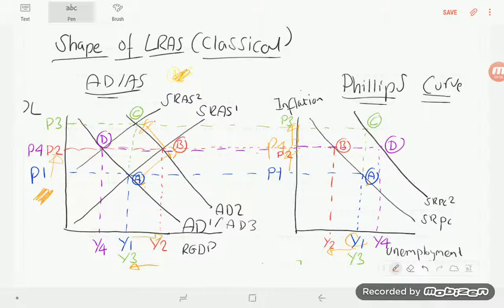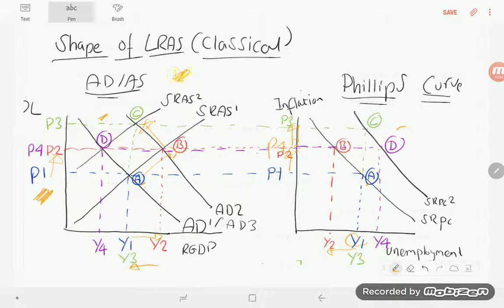So the price has gone down from C to D, and because the price has gone down, we can see that GDP has fallen also at the same time. Because GDP has fallen, employment has fallen, and therefore unemployment must have gone up. So price down, unemployment up, this purple part. So it's the mirror image of what you're seeing on the other side of the screen.